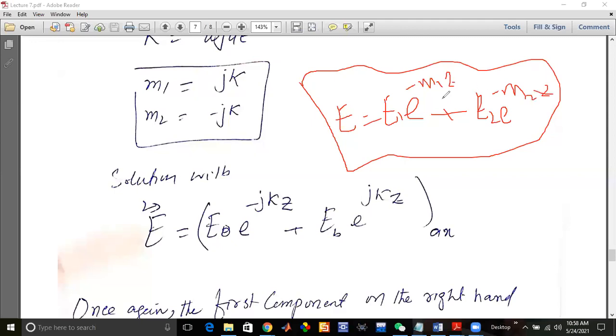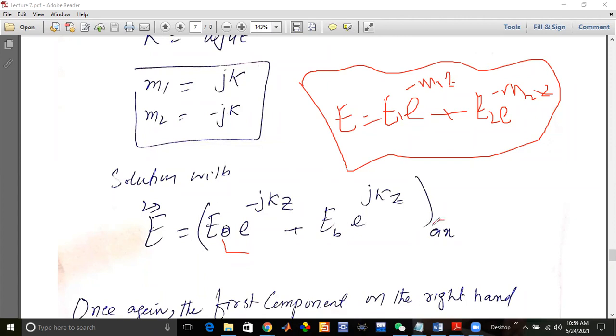So write the m1 value. So E1, meaning in forward direction, e power, what is m1? Plus jk, so minus jkz, and plus E2, meaning in backward direction, Eb e power minus m2, so minus and minus jk, minus minus becomes plus jkz.